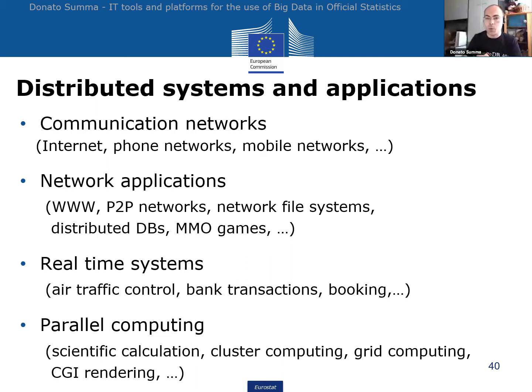So, for example, when you go to the cinema and you watch a computer graphic movie, you have to know that all the work behind that movie was done over a distributed system and by using distributed computing.